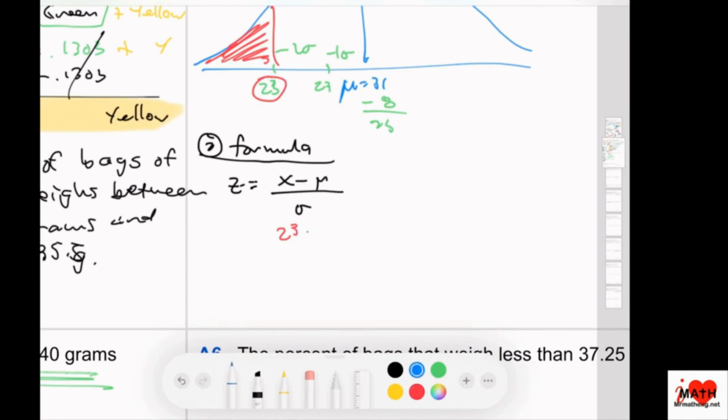The mean is 31, and our standard deviation is 4. So this will give us negative 8 divided by 4, which is negative 2. And we already knew that, right? We already knew it was negative 2 because it's negative 2 standard deviations away. Okay, so this is now our third step, where we're going to change the z-score to a percent.